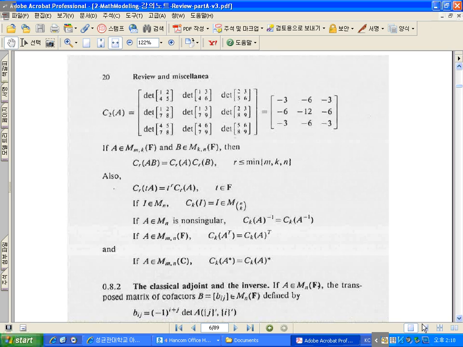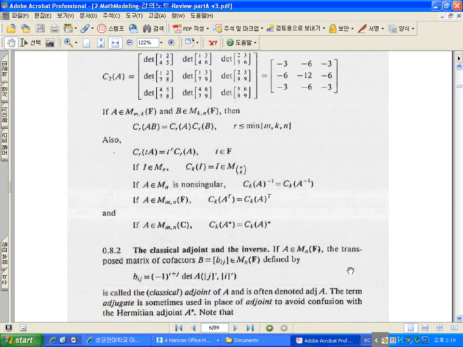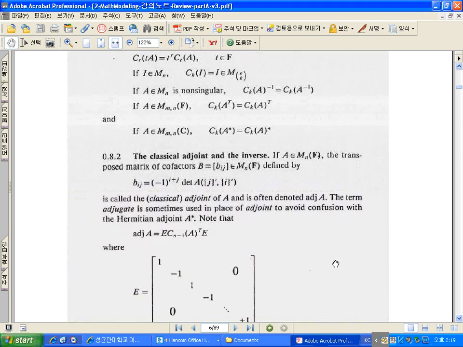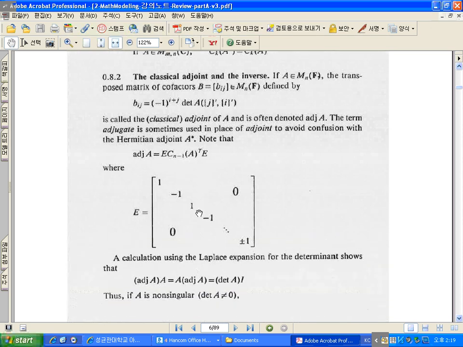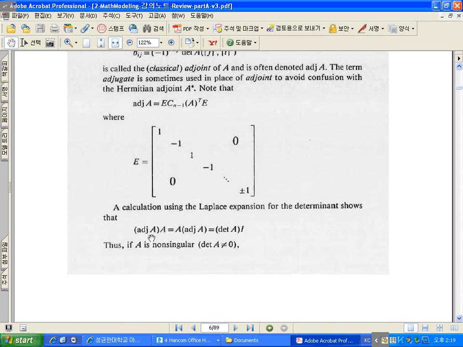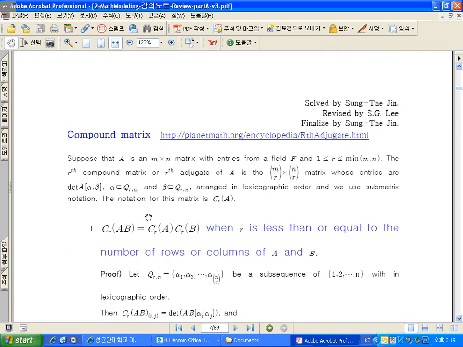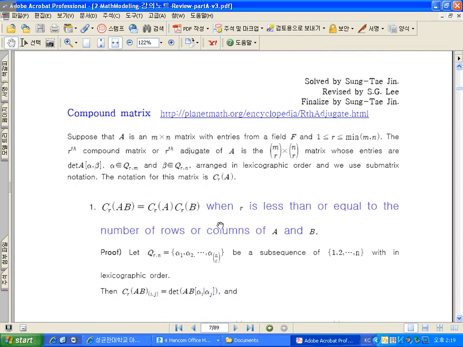For example, adjoint matrix and inverse properties. This is the most well-known equality, so I will show it.